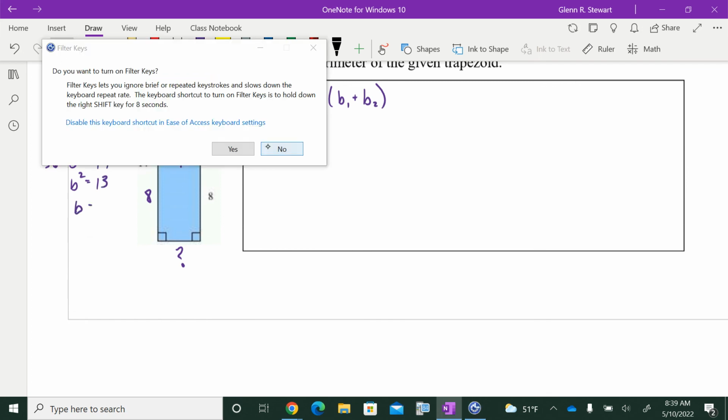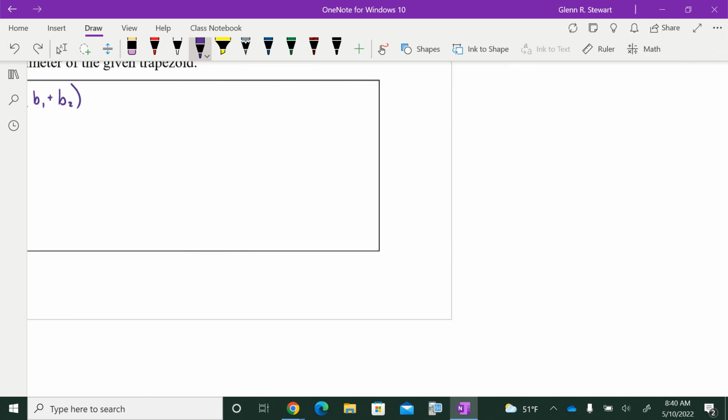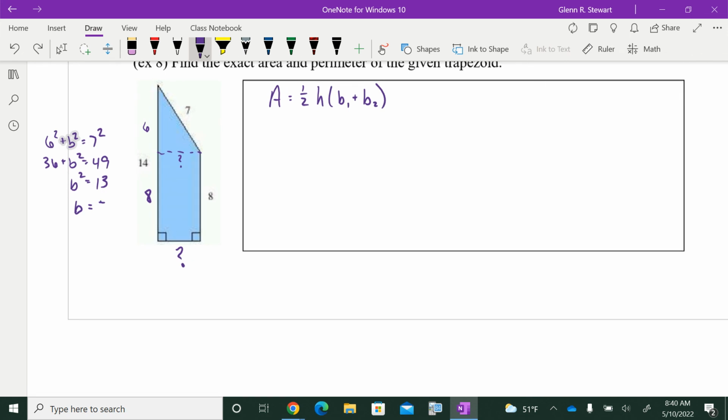B is equal to the square root of 13. I'm trying to write. I think one of my buttons is still sticking.